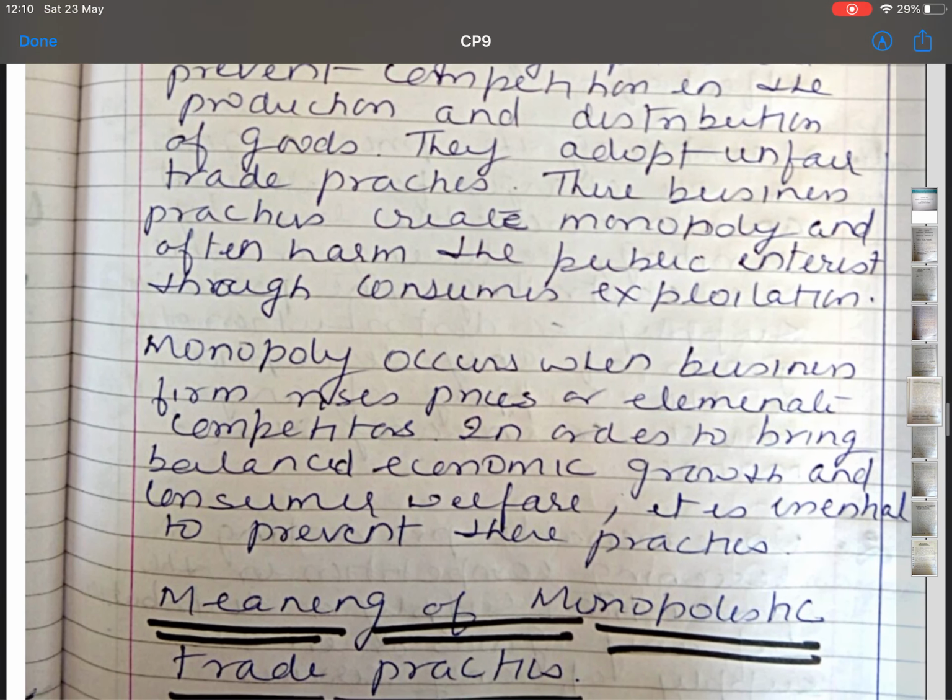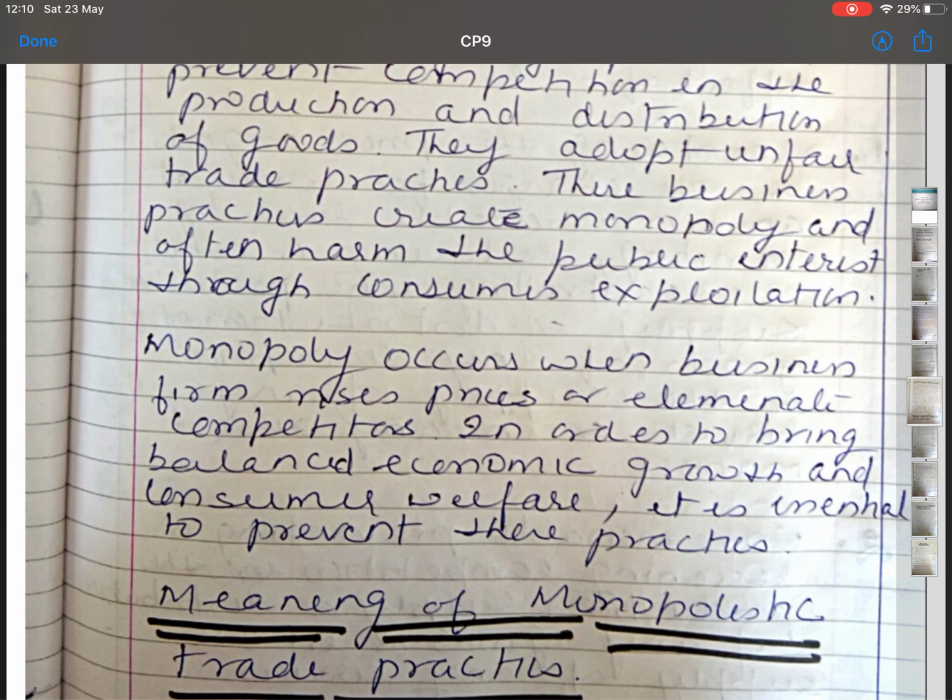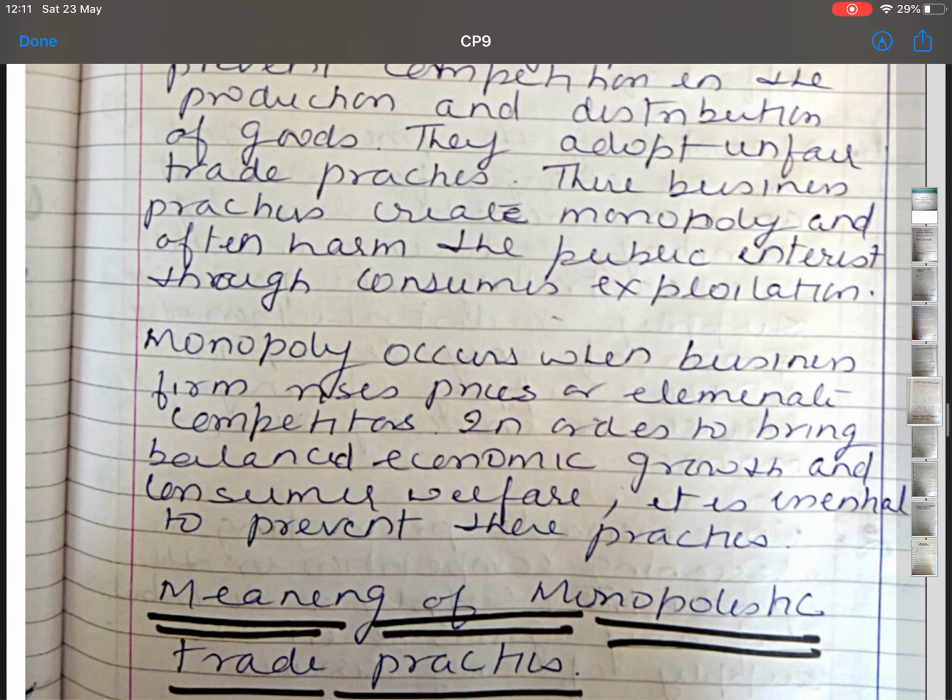So, monopoly occurs when a business firm raises prices or eliminates competitors. In order to bring balanced economic growth and consumer welfare, it is essential to prevent these practices in the country. The statutory provisions relating to monopolistic trade practices and their regulation are contained in the MRTP Act.